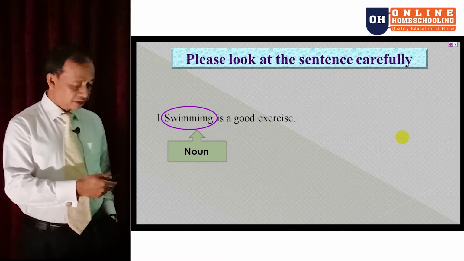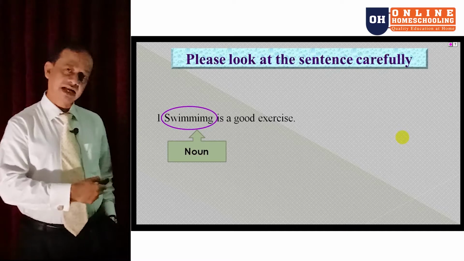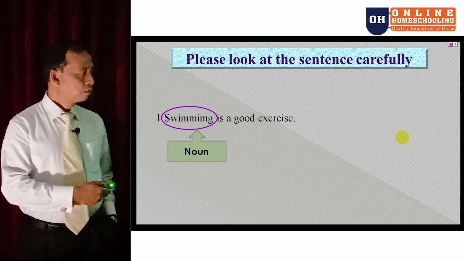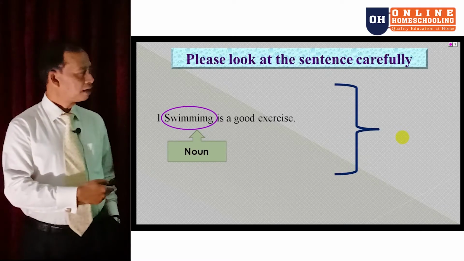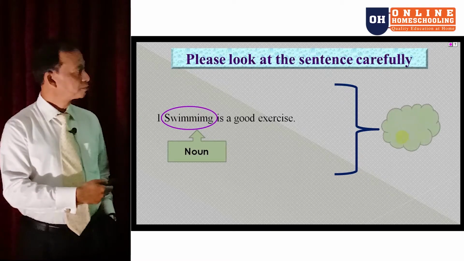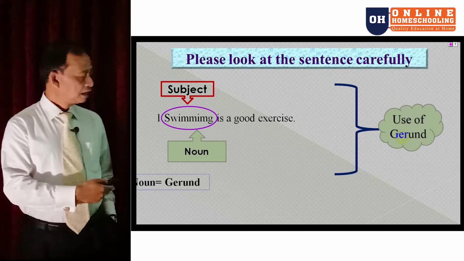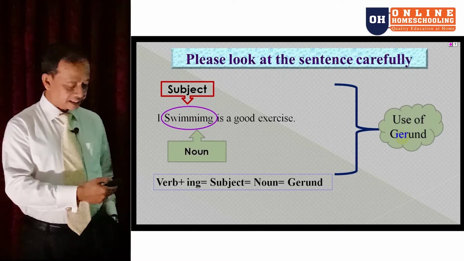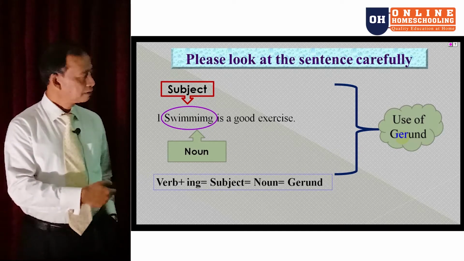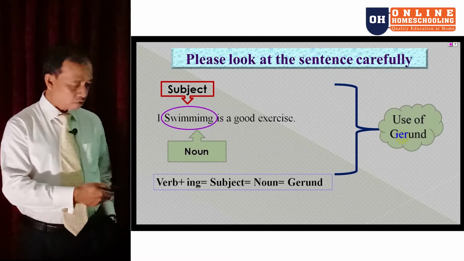Verb plus ing is working as a noun. Now, dear students, I am showing you this verb plus ing, this is a subject, and swimming is used as a noun.